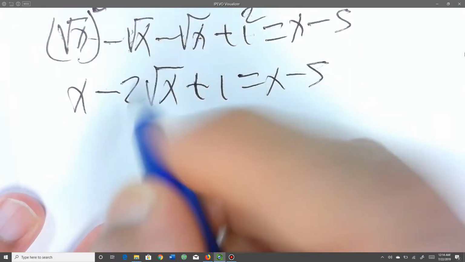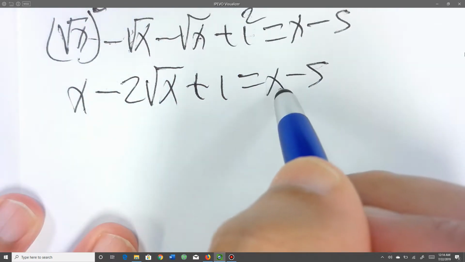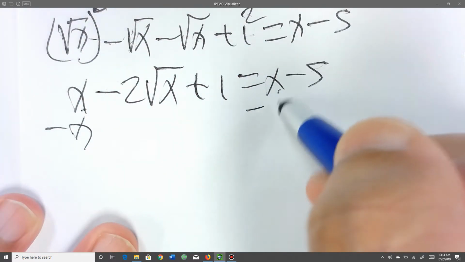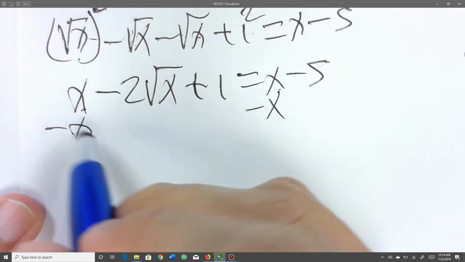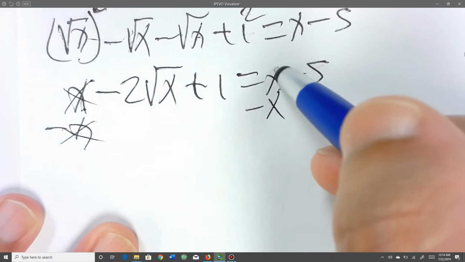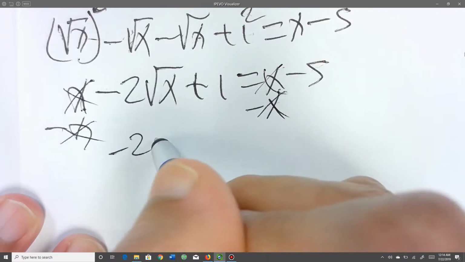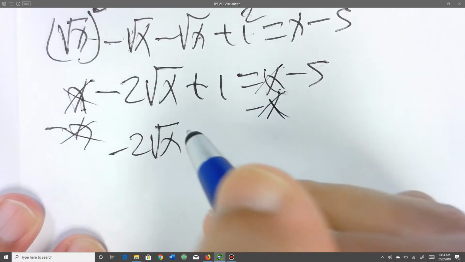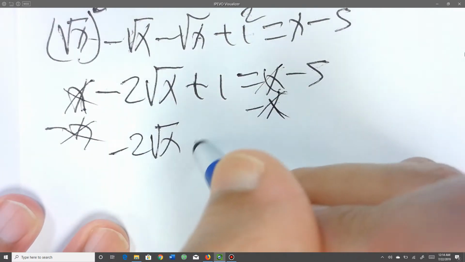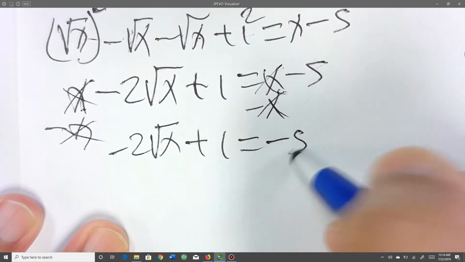Okay, and here I can see that I can combine these two x's together by using the addition principle. This adds up to 0, this adds up to 0, so they go away basically. Rewrite negative 2 times the square root of x plus 1 equals negative 5.